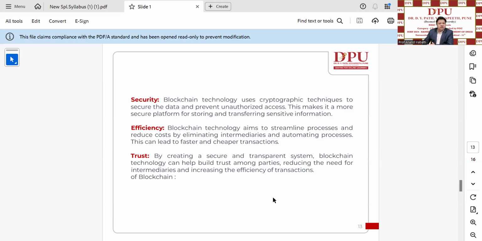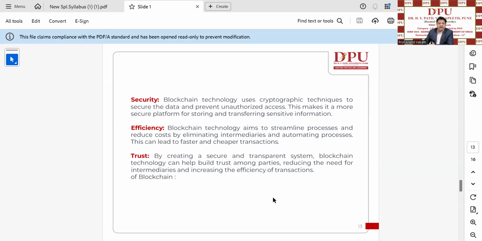If there is no third party involved, then definitely there are no transaction fees. So this makes the transaction less expensive, faster, and cheaper. So it provides efficiency.